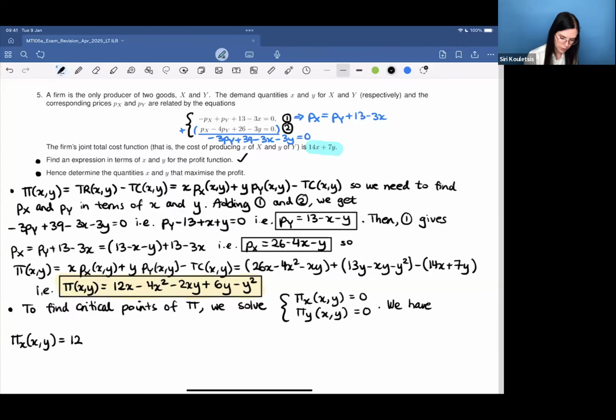The minus 4x squared term, well, the power comes down and the power is reduced by 1. So we get minus 8x. Now the minus 2xy term, remember that we treat y as a constant. And so differentiated with respect to x, we get minus 2y. And the rest of the expression for the profit function involves only y, and so those are treated as constants and so differentiated with respect to x, that gives us 0.